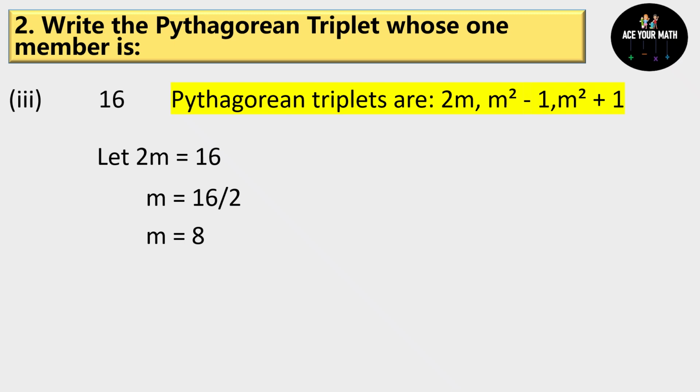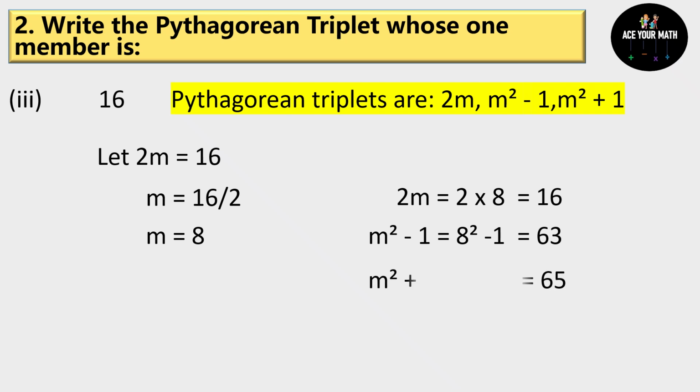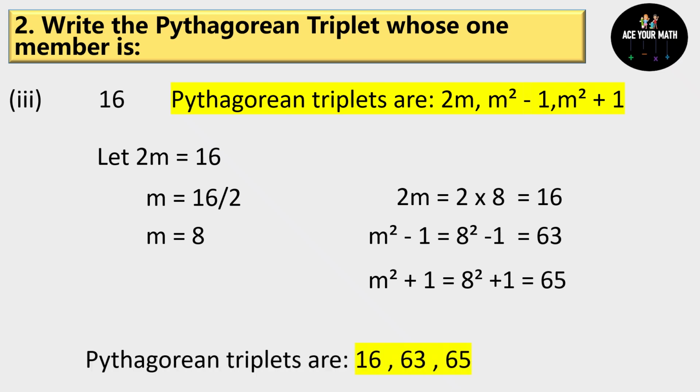Now you can find the other members. 2m is 2 multiplied by 8, which gives 16. M square minus 1, put the value of m as 8: 8 square minus 1, which gives 63. And the last one is m square plus 1, which is 8 square plus 1, which gives 65. So the Pythagorean triplets are 16, 63, and 65.